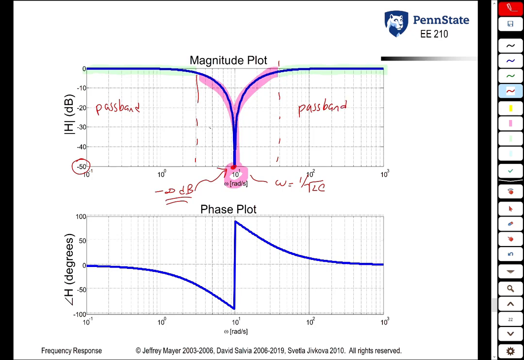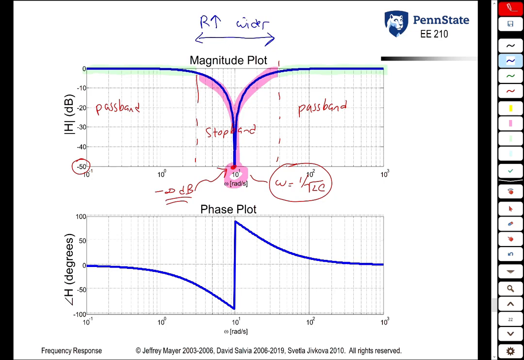And in the middle, we get a stop band. The midpoint of the stop band is dictated by the capacitor and the inductor value. And just like in the band pass case, the width depends upon R. As the resistance value goes up, we get a wider stop band.